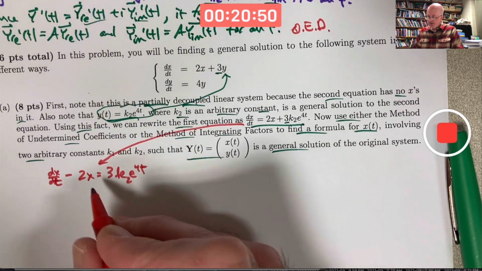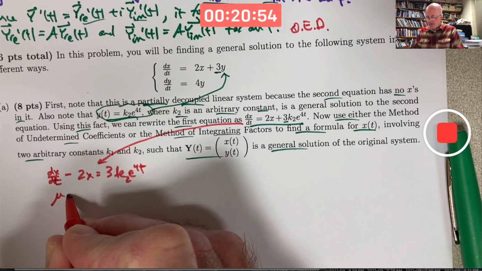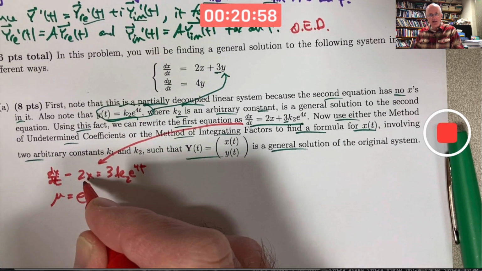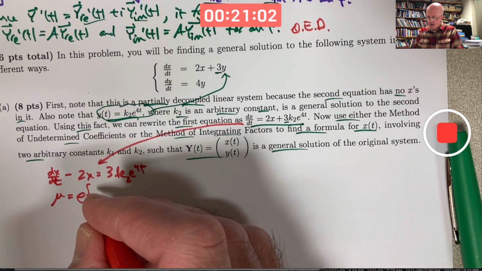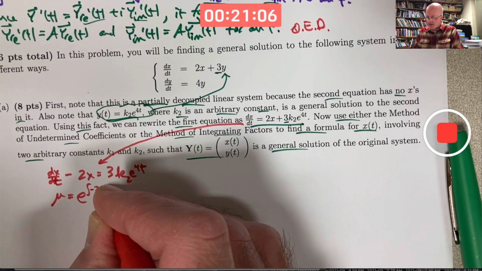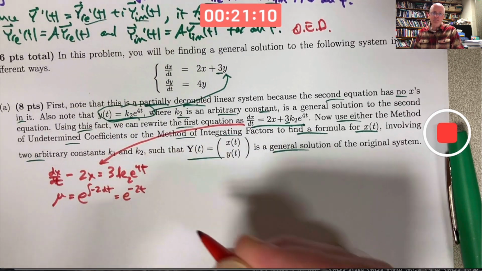And the method of integrating factors says that the integrating factor, typically called mu, is e to the integral of whatever's in front of the x here. Sometimes it's a y if it were an equation involving y, but in this case it involves x. So it's e to the integral of -2 dt, which is e to the -2t, plus c.